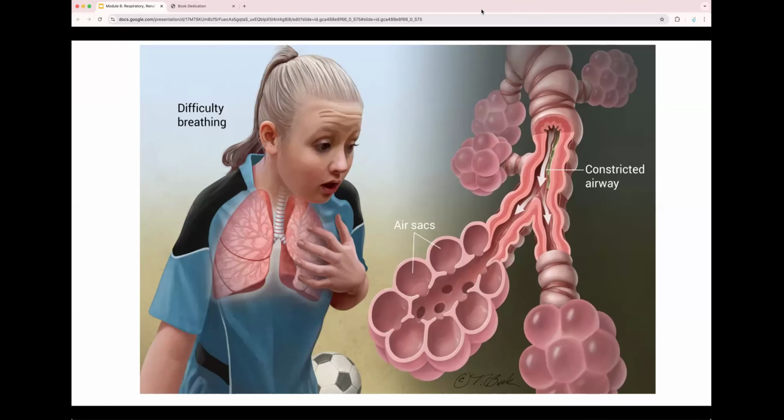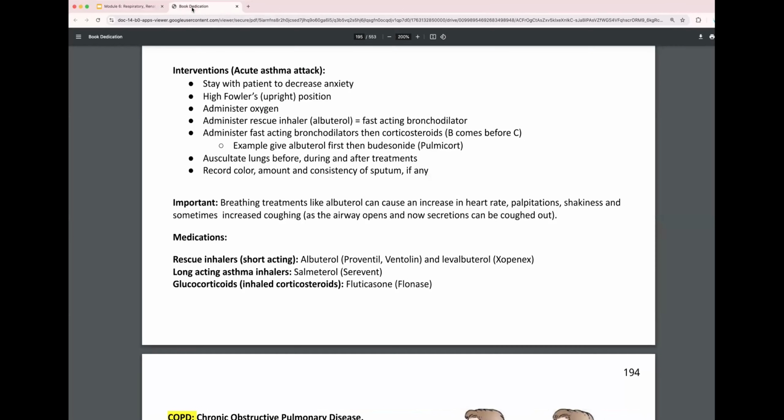A couple of things that you have to know when we're talking about giving albuterol. I'm going to put a heart next to this, so make sure you study this for NCLEX. Breathing treatments like albuterol can cause an increase in heart rate, palpitations, shakiness, and increased coughing.